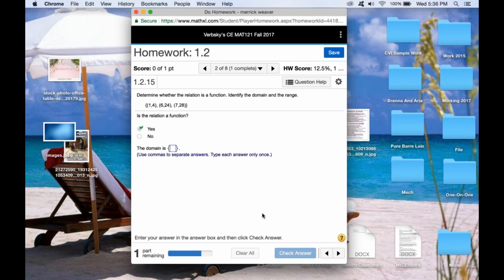In other words, if for the same value of x you have two different values of y, it's not a function. However, the reverse is not true. You can have two different values of x and the same value of y.